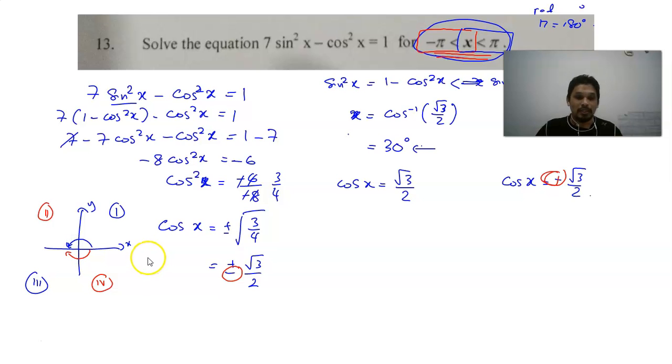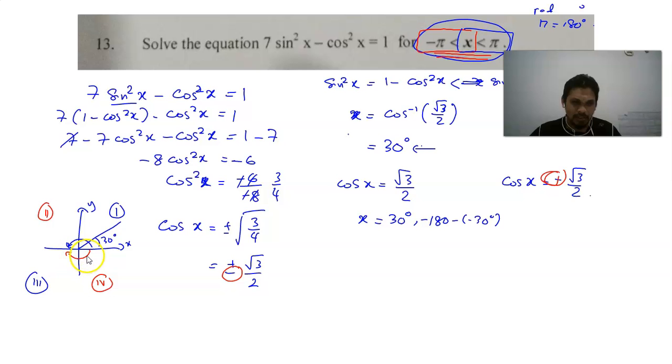So now, cos x equal to positive, then x equal to, for positive in the first and third quadrant with a basic angle of 30: first is 30 degrees, and then the third quadrant is negative 180 minus negative 30 degrees.